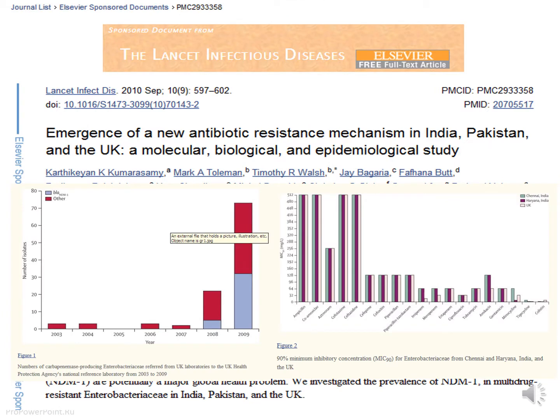We try to describe the background of this problem. I want to show you the first publication in the Lancet Infectious Diseases journal, which describes this problem.